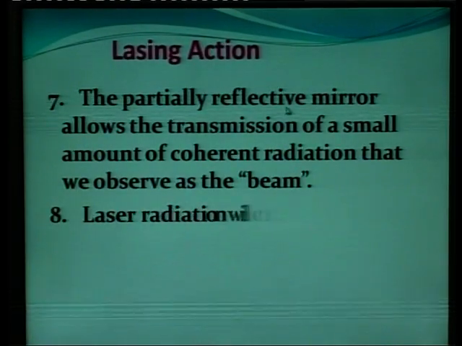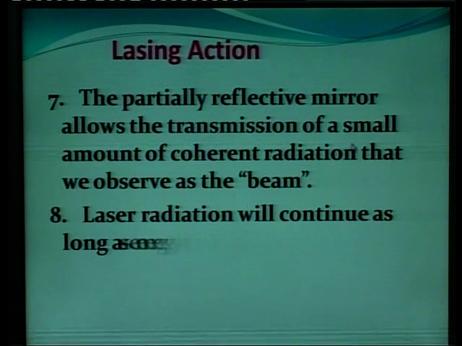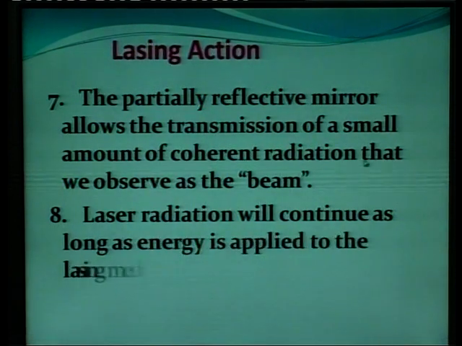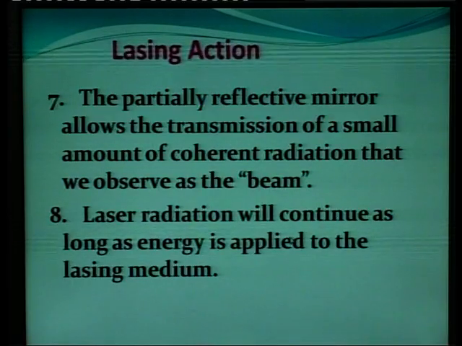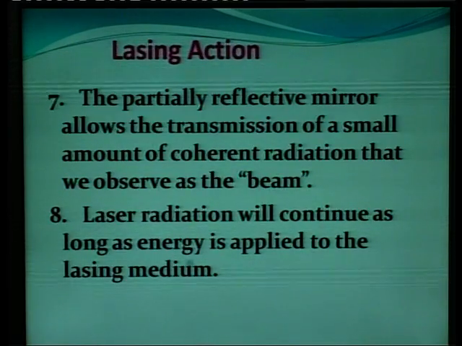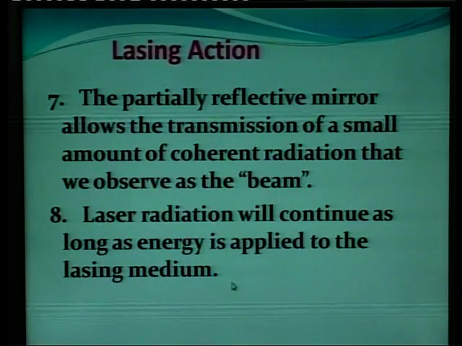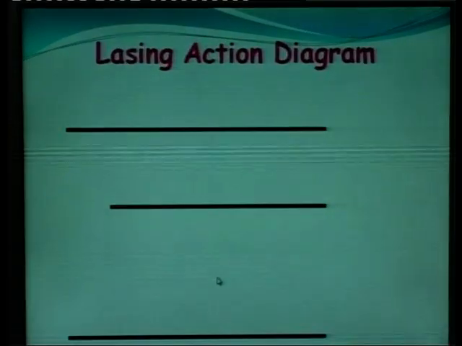The partially reflecting mirror allows the transmission of a small amount of coherent radiation that we observe as the beam. Laser radiation will continue as long as energy is applied to the lasing medium.